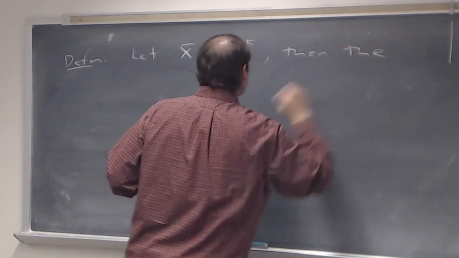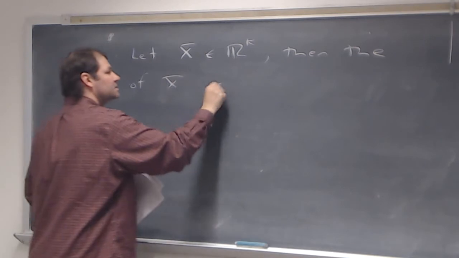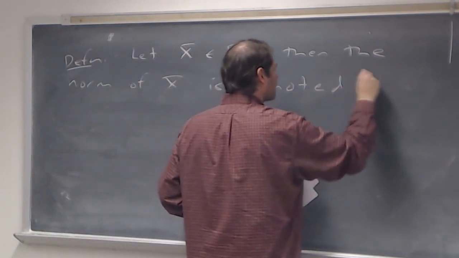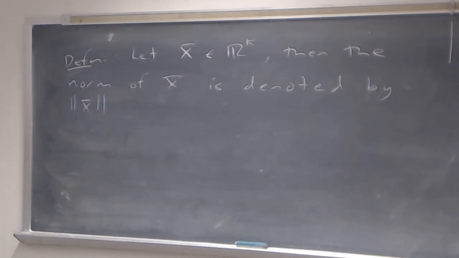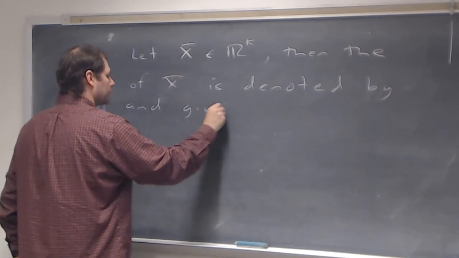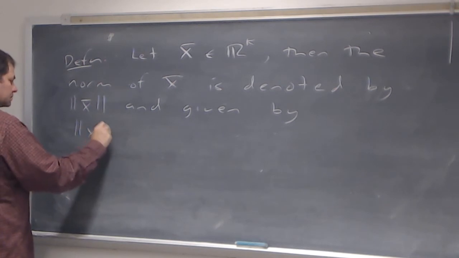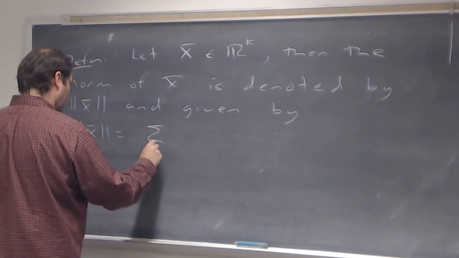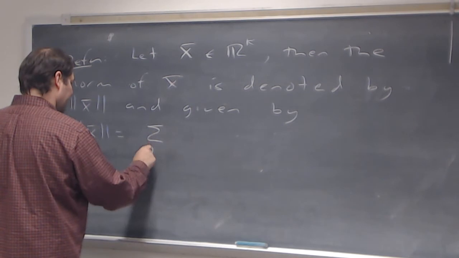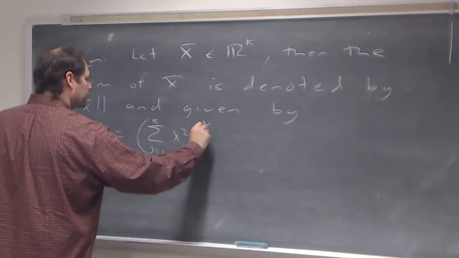Then the norm of x bar is denoted by x bar in double bars, and given by the square root of the sum as j runs from 1 to k of x_j squared.